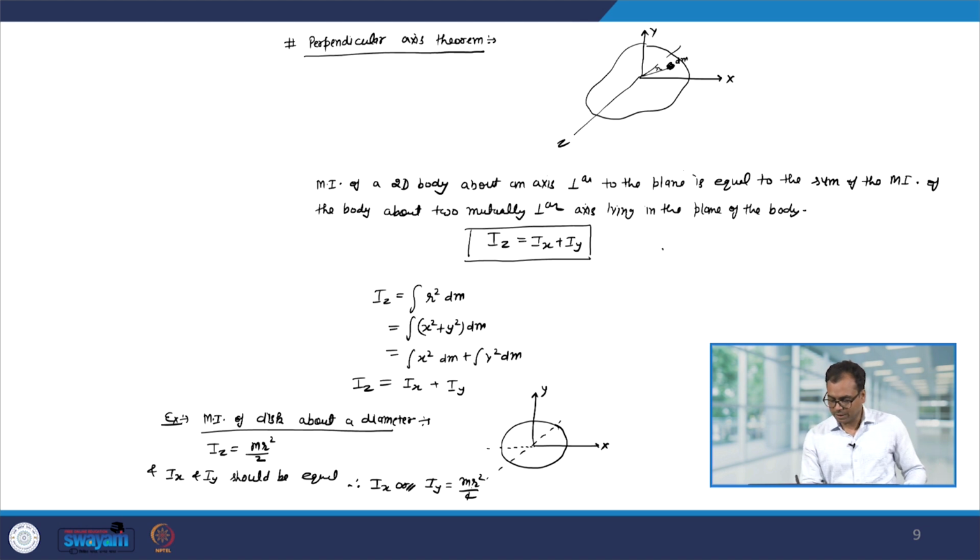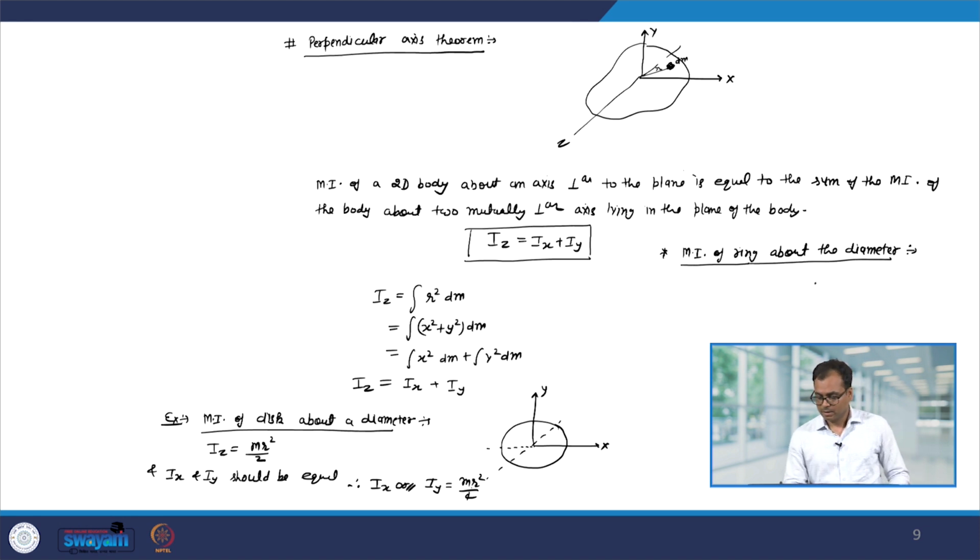Let us look at the moment of inertia of a ring about the diameter. Okay.